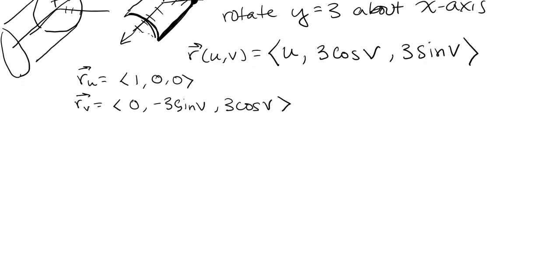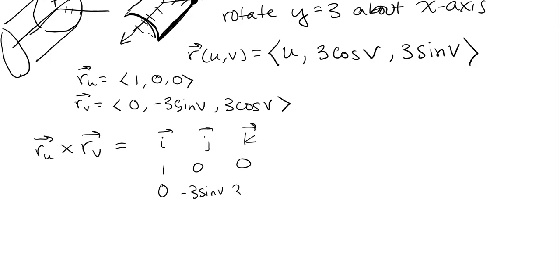Then, remembering the surface area portion, we need the cross product of those. So we set up our cross product with i, j, k, then 1, 0, 0, and then 0, negative 3 sine v, 3 cosine v. For the i component, we have 0 times 3 cosine v minus 0, so the i component is 0.